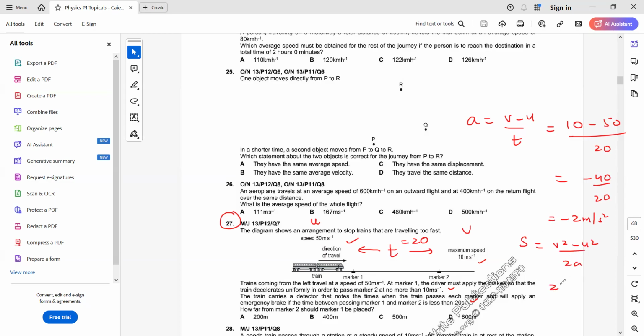That's 10 squared minus 50 squared over 2 into minus 2, so 100 minus 2500 over minus 4, which is 600 meters. Do we have 600 as an option? Yes, D. That's correct. Good job.